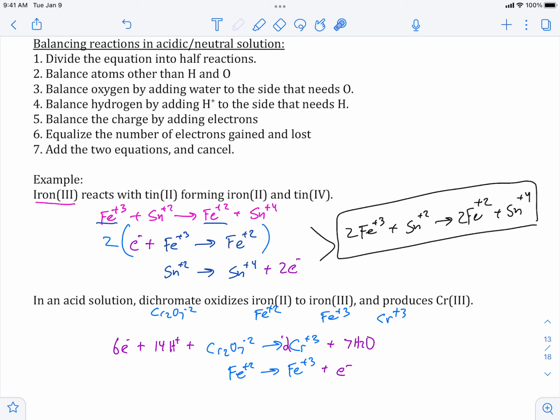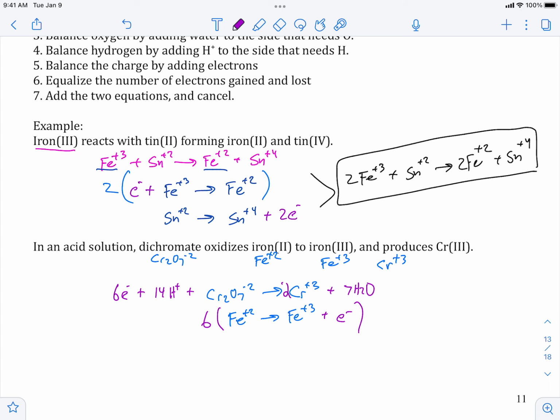Okay, next step. Equalize the electrons, the number of electrons gained and lost. So since 6 electrons were gained and 1 electron was lost, I'm going to need to multiply this entire half reaction by 6.